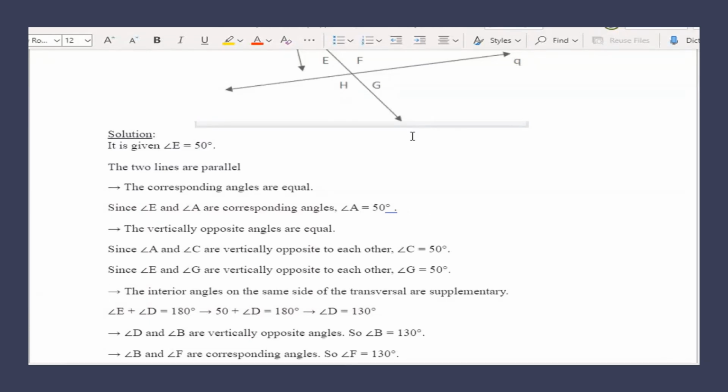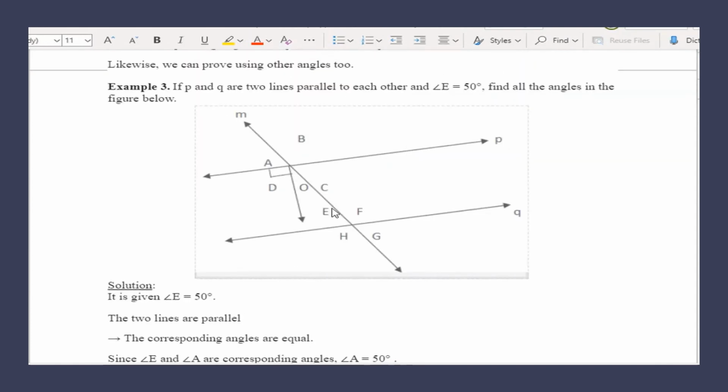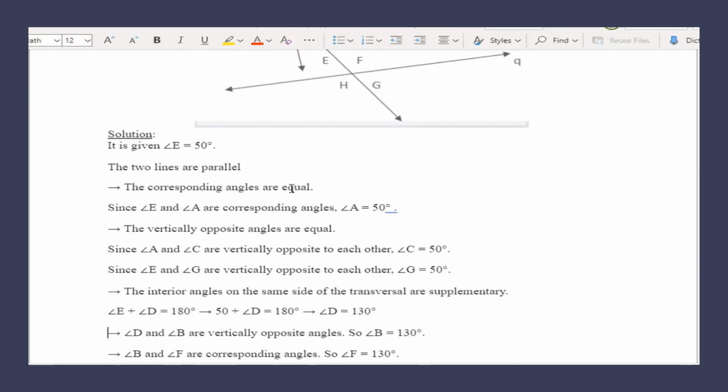Next one, the interior angles on the same side of the transversal are supplementary. So since this and this are on the same side, then they should be able to find the angle by using 180 degrees.